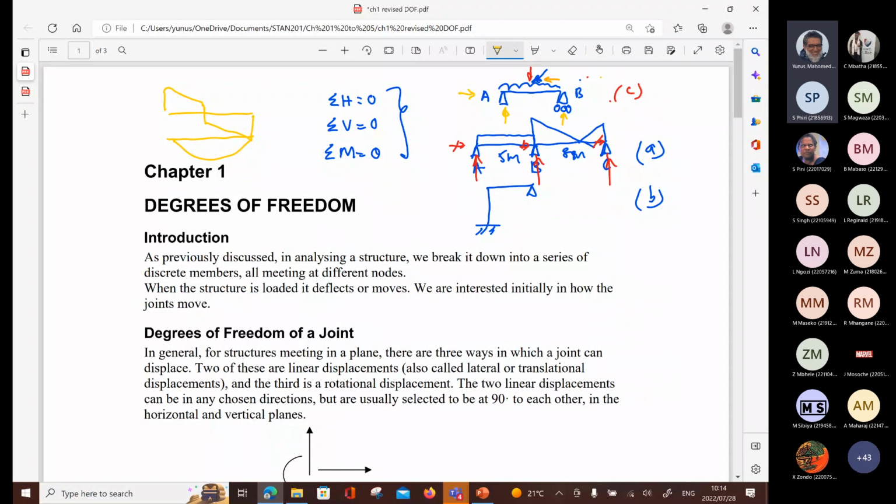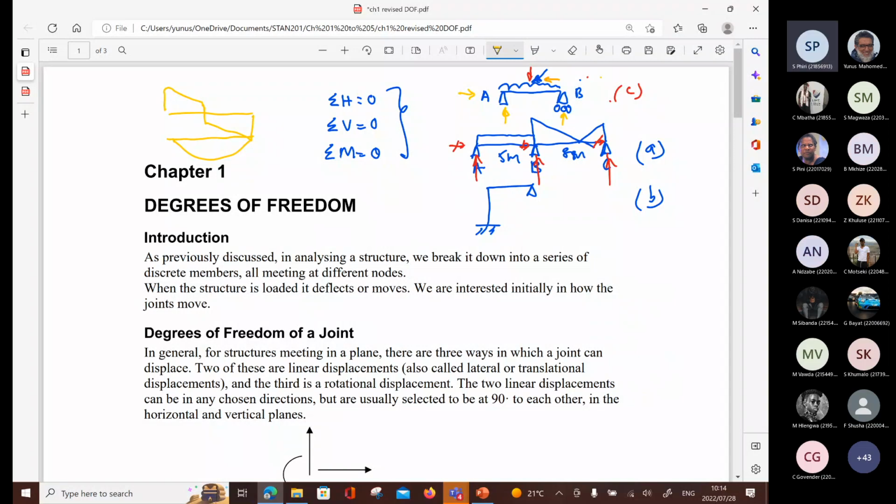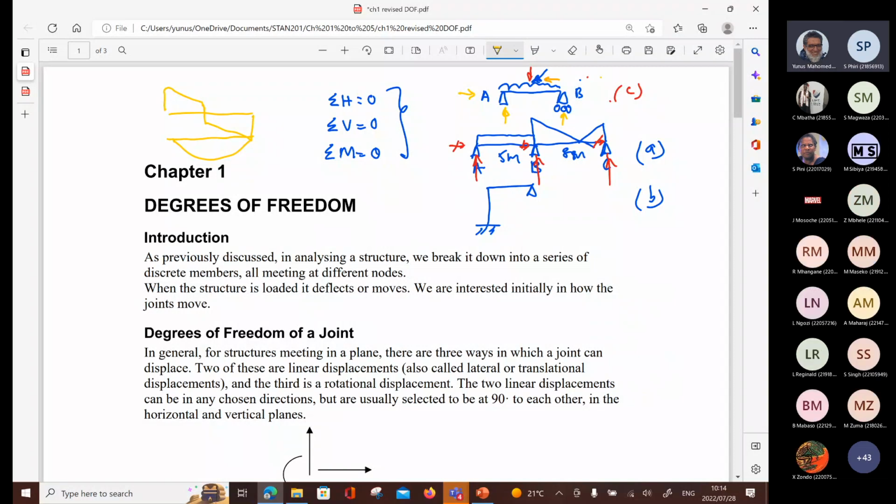If I take the moment, the loads are going down, and then we have the reactions which are going up.